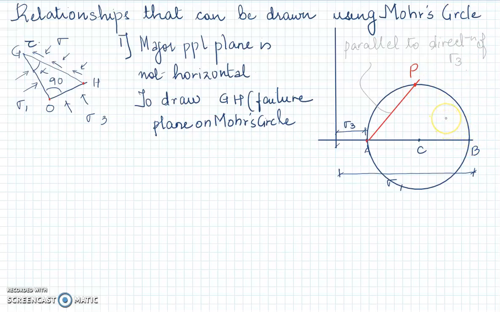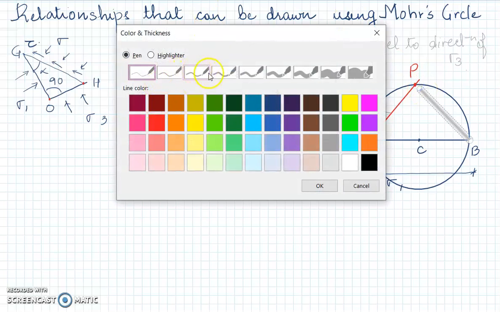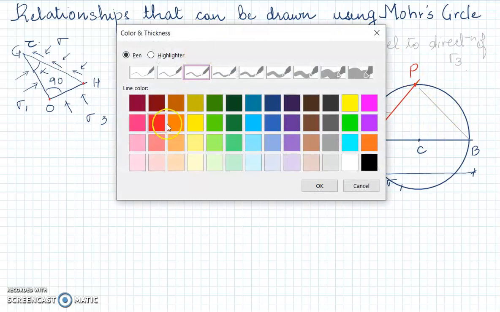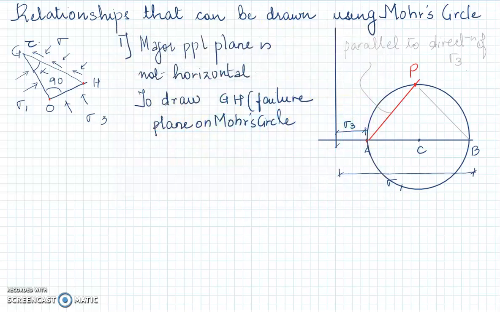I am taking P and I am drawing a line to B. Sorry, I have used the wrong pen. So from P, I am going to draw a line to B.